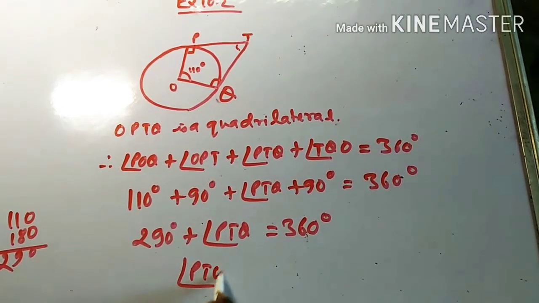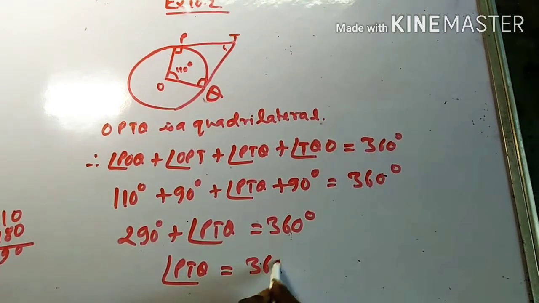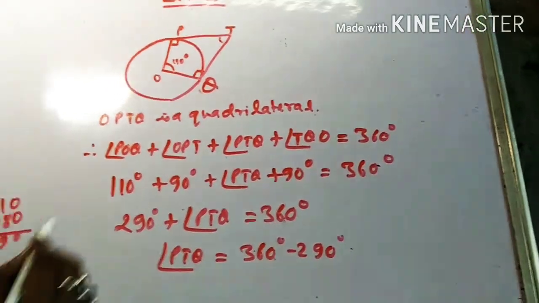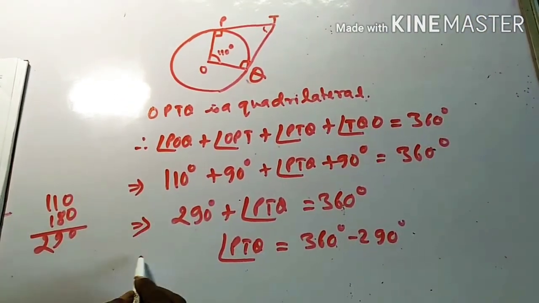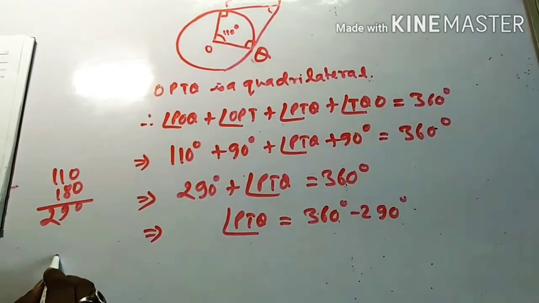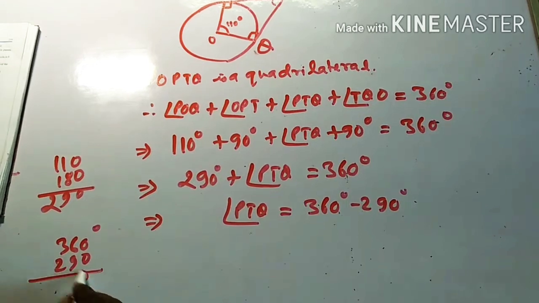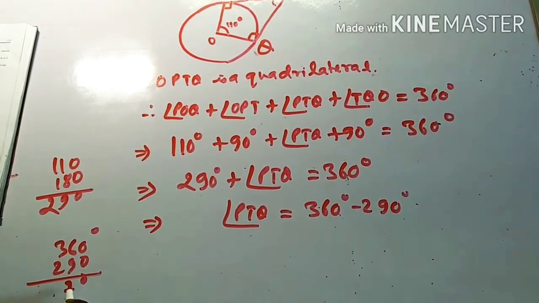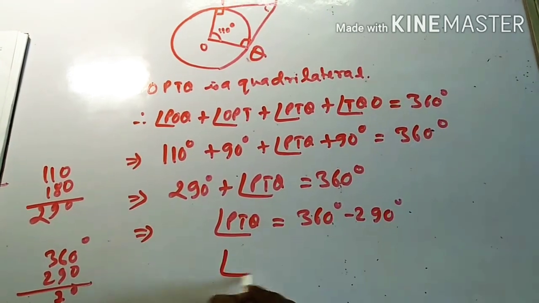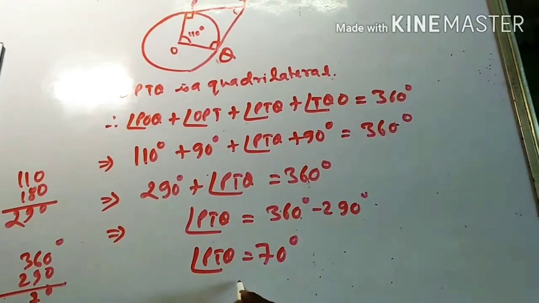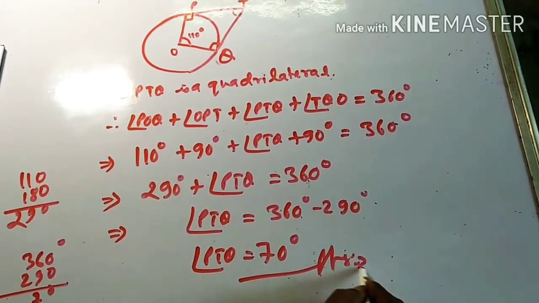Angle PTQ is 360 degrees minus 290 degrees, which is 70 degrees. Angle PTQ is equal to 70 degrees. This is your answer.